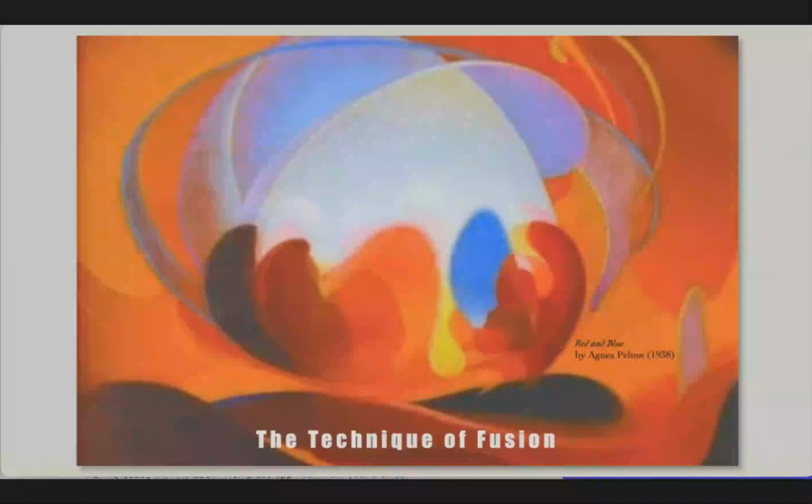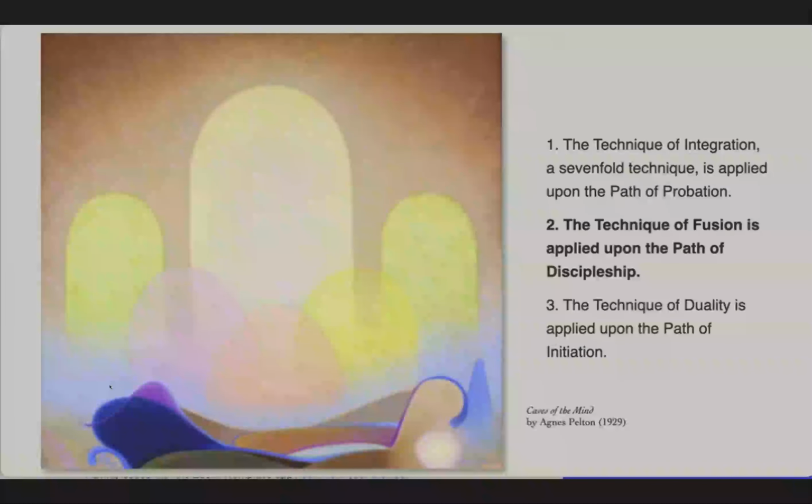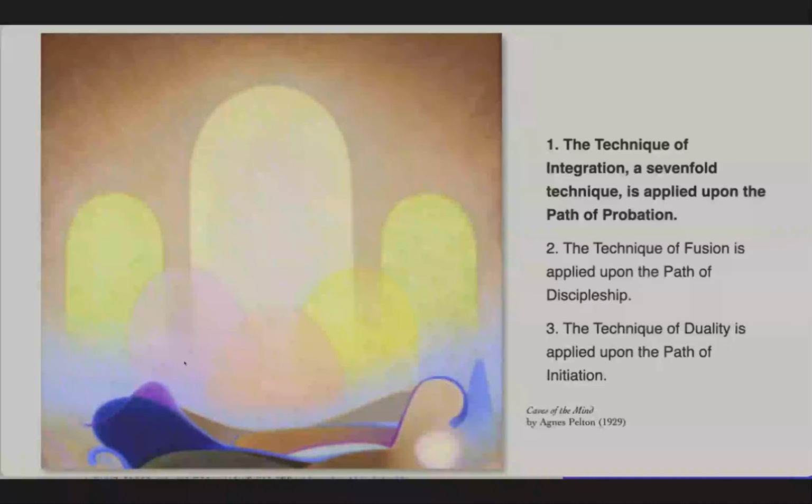Okay, so the technique of fusion is the second of three techniques given by DK, which together form really one great process. First we have the sevenfold technique of integration, which is applied during the path of probation, and I have to put an asterisk here, because what I found is that what DK says they apply to is actually kind of a downgrading of what they actually apply to.